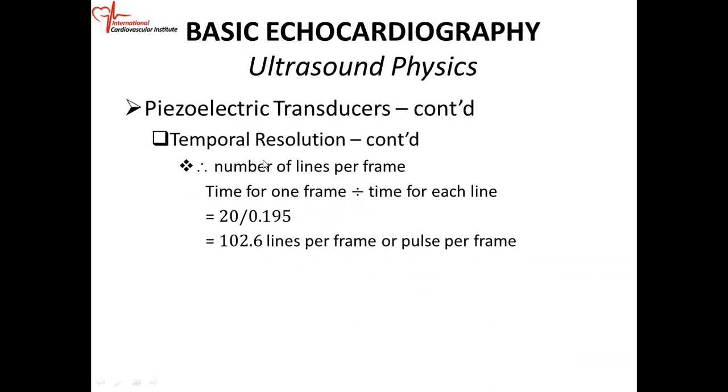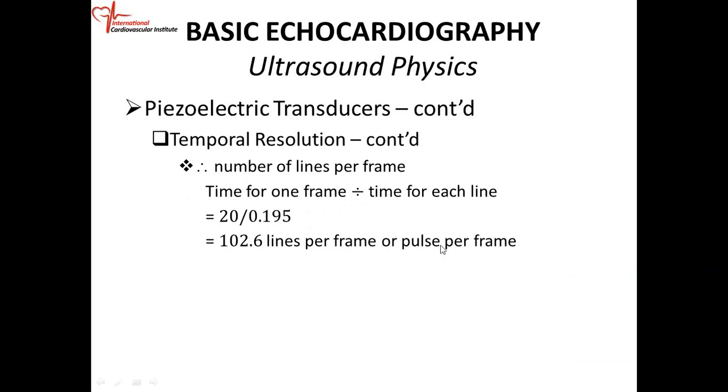So the number of scan lines per frame, simple math, is 20 divided by 0.195. So in this frame, you're going to have 102, or call it 103 lines per frame, or 103 pulses per frame.